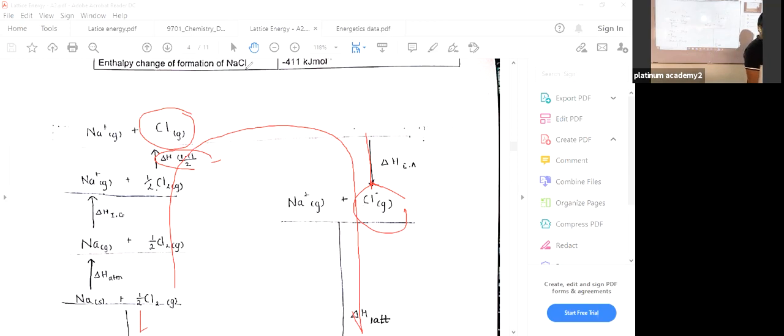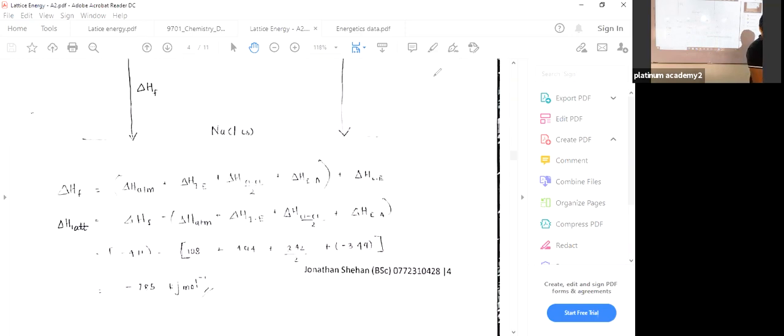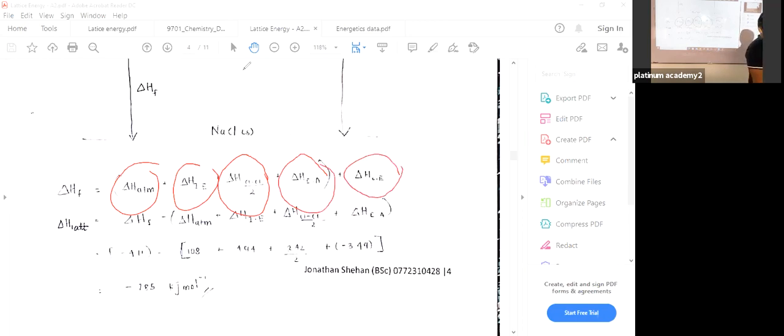In your equation, it's atomization of sodium plus first ionization of sodium, plus chlorine-chlorine bond enthalpy divided by 2, plus electron affinity of chlorine, plus lattice energy, is equal to formation. Using all the data provided, we can find the lattice energy of NaCl, minus 785.